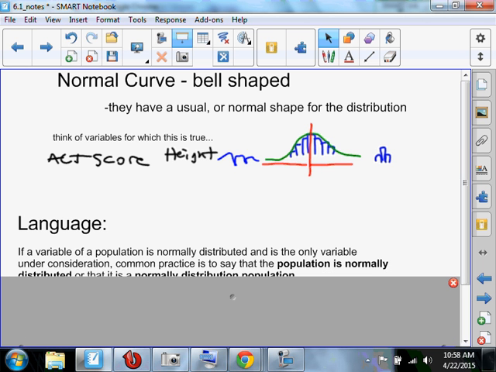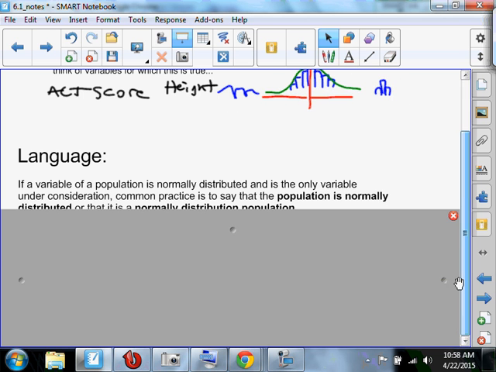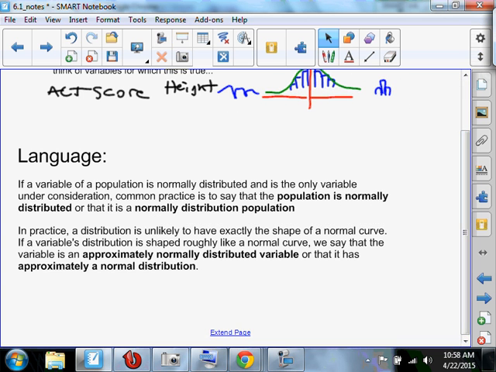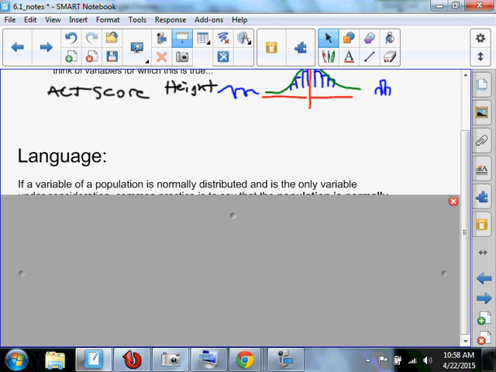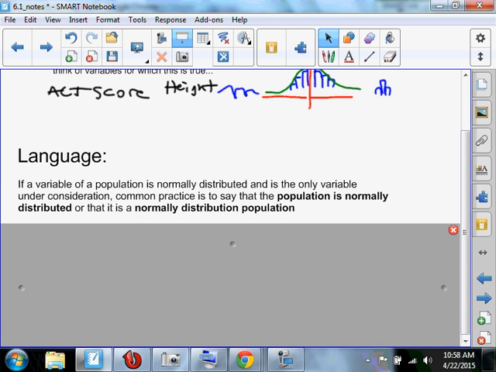So this next bit, there's a lot of writing here, and I'm not going to ask you to write it all. I just want you to jot down the highlighted words here. And this is the part of stats class where, honestly, I left class. I went and got a cup of coffee at Starbucks when I was in stats class, because stats teachers like to throw these words around. They say it's normally distributed.